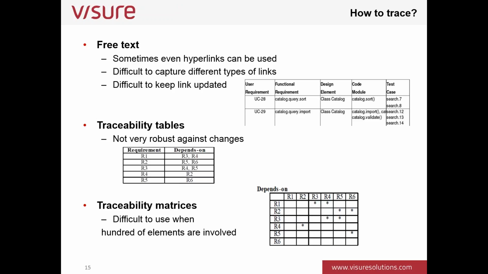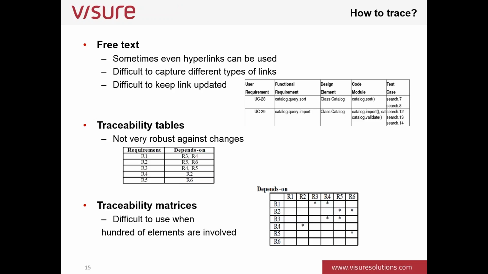Even hyperlinks can be used if we are working in a Word document. We can create hyperlinks to other requirements. Anyway, it's difficult to capture different types of links by using this technique. It's difficult to keep the links updated. Every time we create or modify a requirement, we have to remember to update the traces, because they are not going to be updated by themselves.